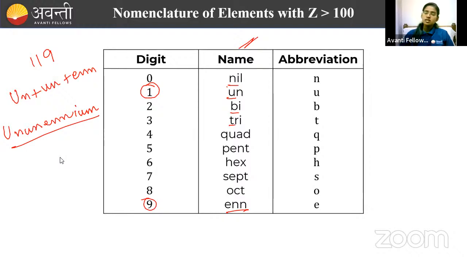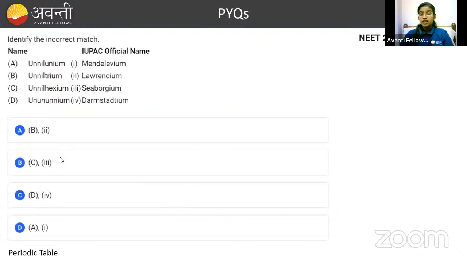Now I have taken a similar type of question from the same concept, but there we will discuss in a little bit different way. Identify the incorrect match. I have 4 names and the IUPAC official names of those 4 elements.